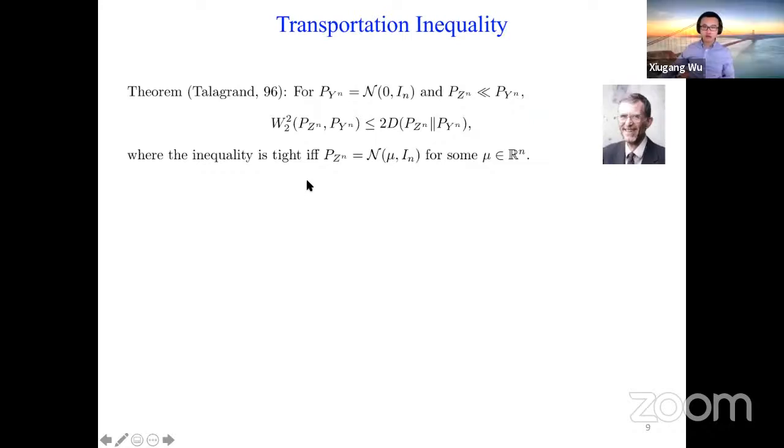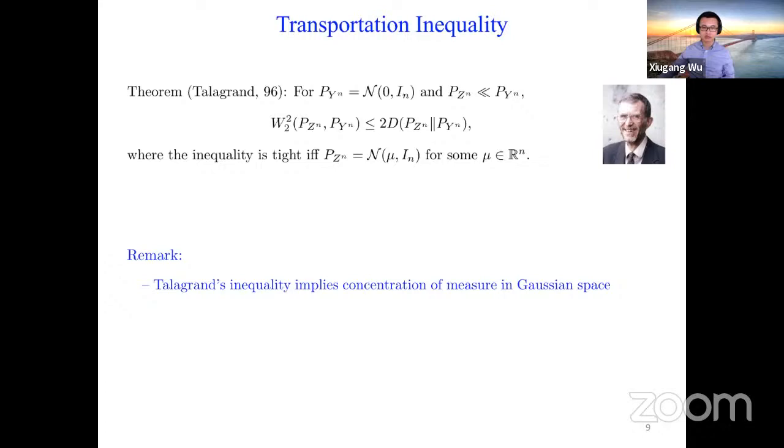So, as we said, a remarkable feature of the Talagrand transportation inequality is that it connects the Wasserstein distance with another fundamental divergence in information theory, the so-called KL divergence. And this observation was utilized to derive the concentration of measure, as we will show later, in a Gaussian space.